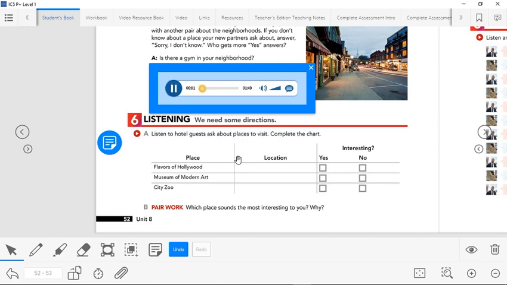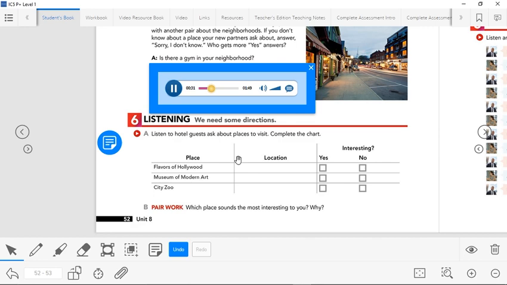Page 52. Exercise 6. Listening. We need some directions. Part A. Listen to hotel guests ask about places to visit. Complete the chart. Good morning. Can I help you? Yes, please. We need some directions. Sure. What are you looking for? Well, first of all, we're looking for the Flavors of Hollywood restaurant.